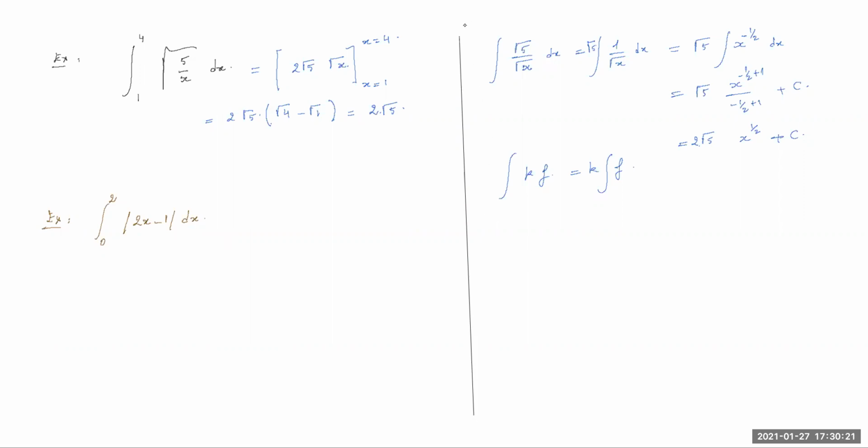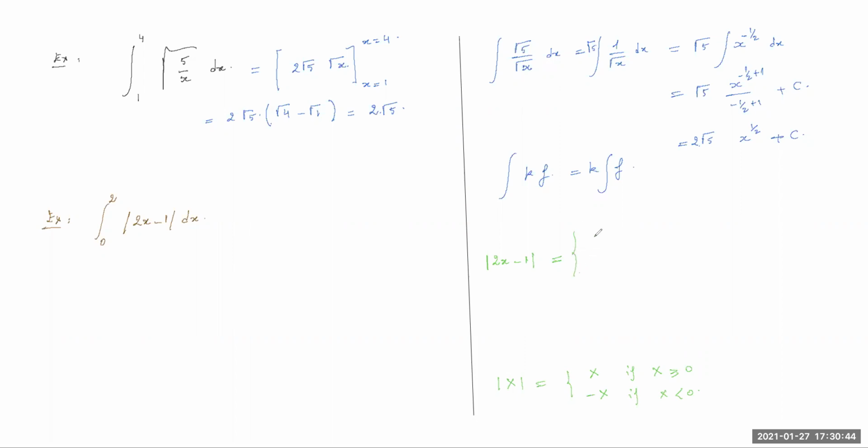First, let's see what is happening here: the absolute value of 2x minus 1. I remind myself that the absolute value of X is X if the quantity is positive, and the opposite if the quantity is negative. So I do the same here.